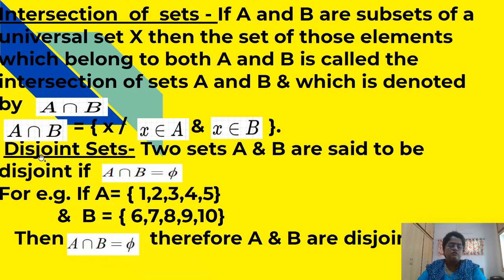Now see what is the definition of disjoint sets. Two sets A and B are said to be disjoint if A intersection B is equal to empty set.